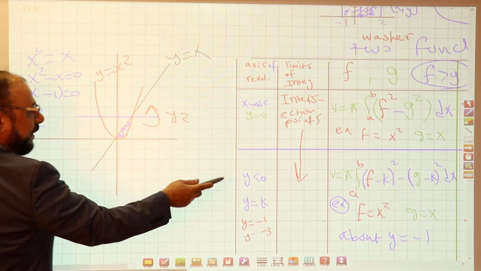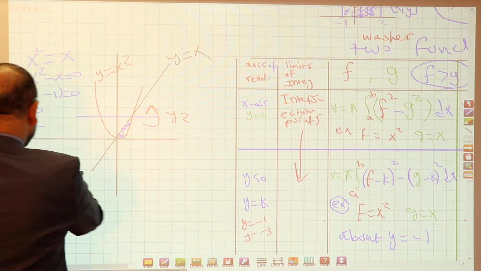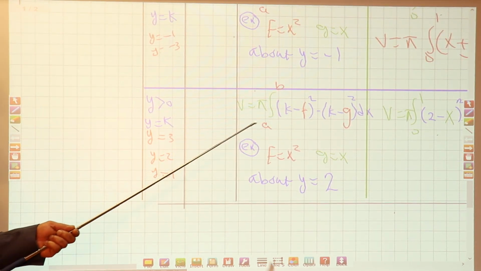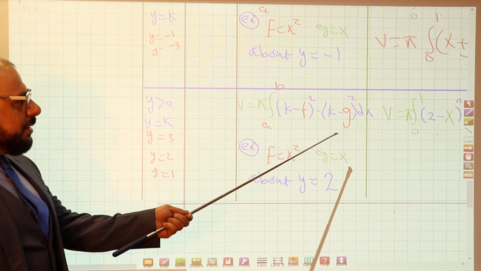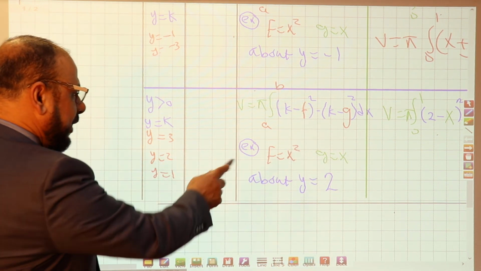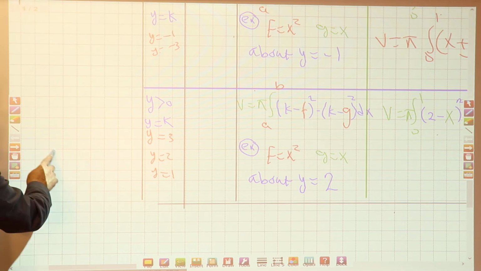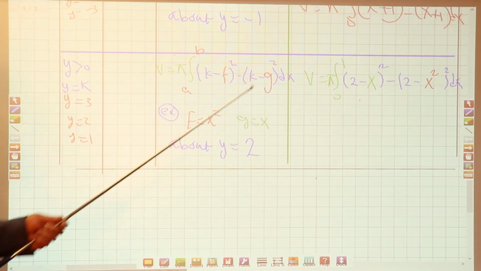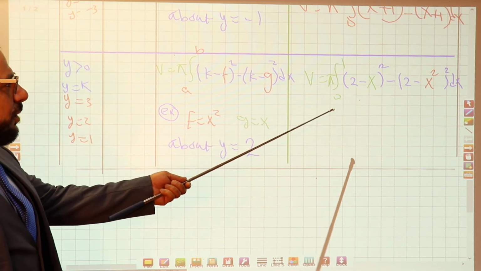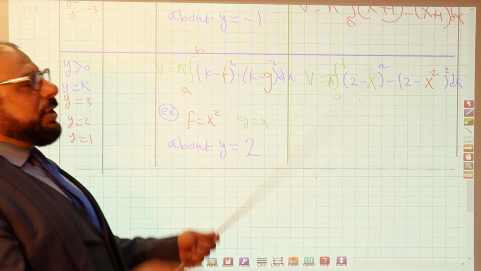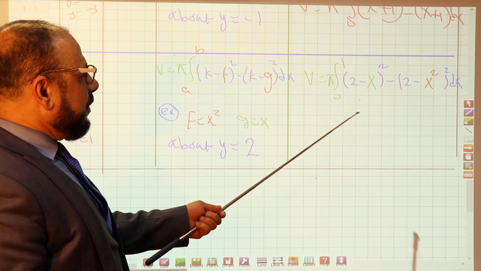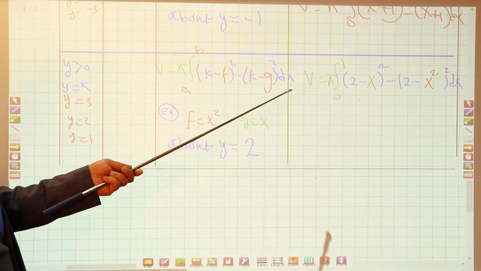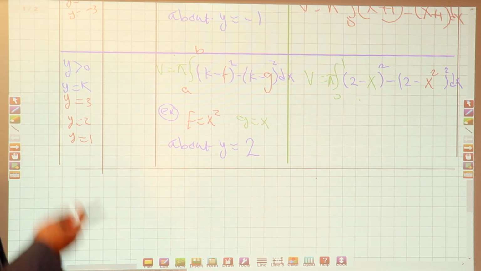You see the radius will be, look here, the last case, k minus what? k minus f, k minus g, dx. The same two functions, x squared, and the top now is x, right? If the answer comes negative, you take the absolute value, 2 minus x, right? And 2 minus x squared, right?